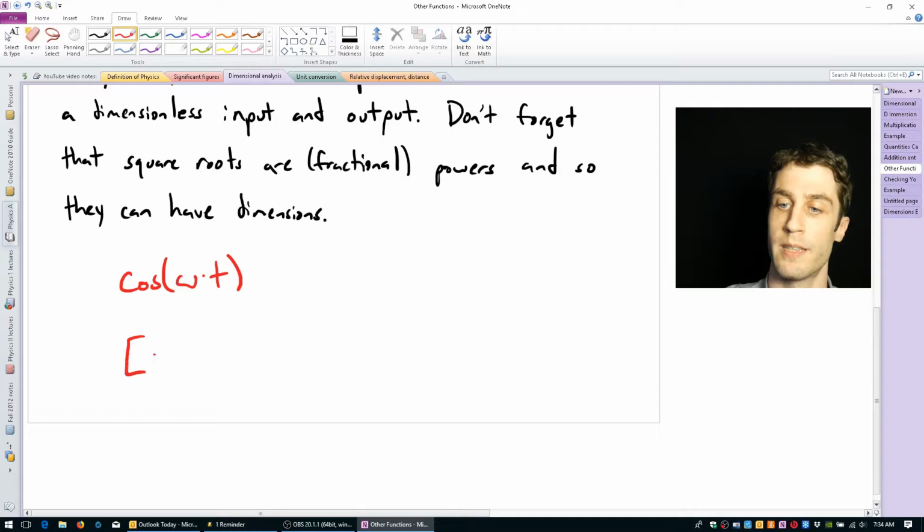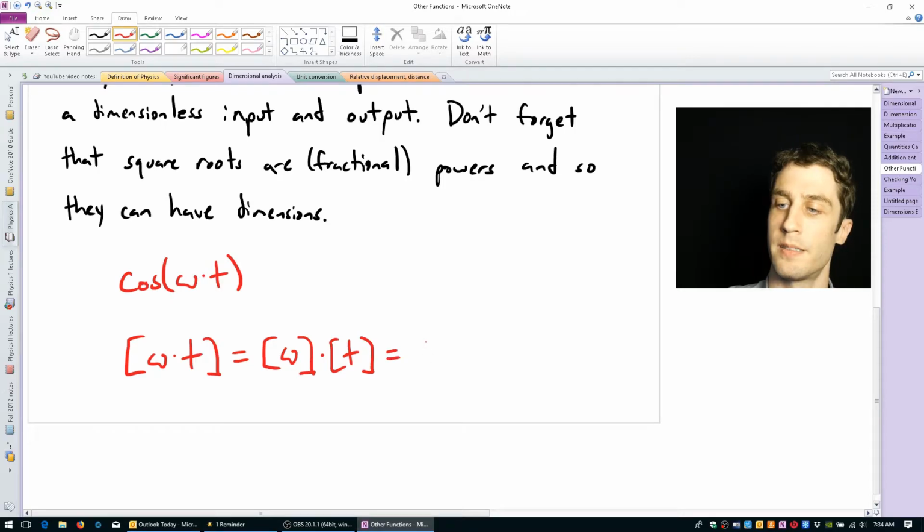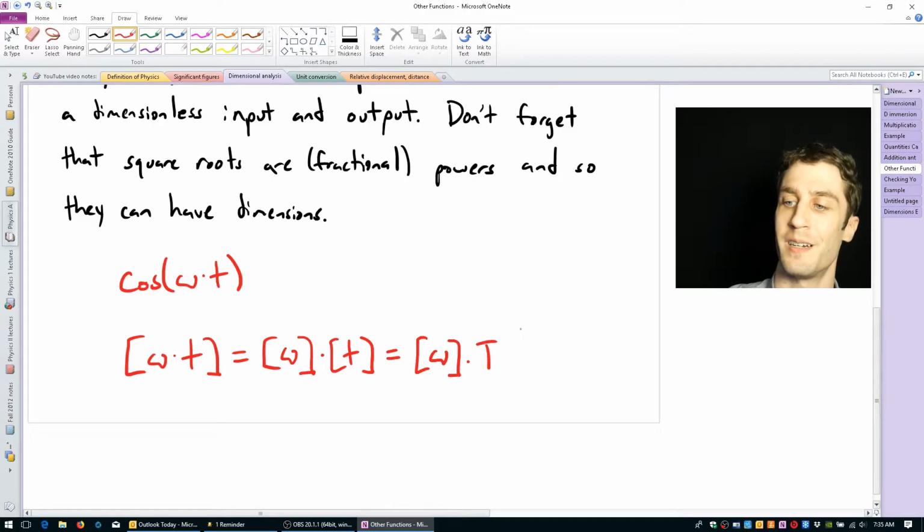So to write that out explicitly, the dimensions of omega t are equal to the dimensions of omega times the dimensions of t. And so this is the dimensions of omega times capital T, our dimensions of time.